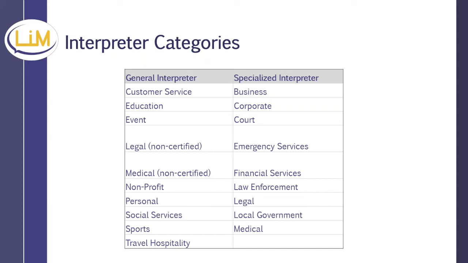But you do have the option of corporate, court, business, all things that I know you would come across in your firms and practices. And it's just a quick, easy drop-down menu. And we actually will have your account set up so that it will default to a legal interpreter, and you have the option to change it.